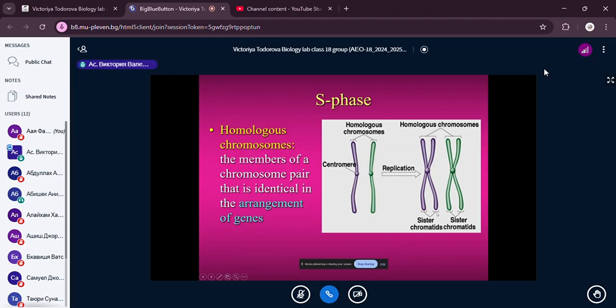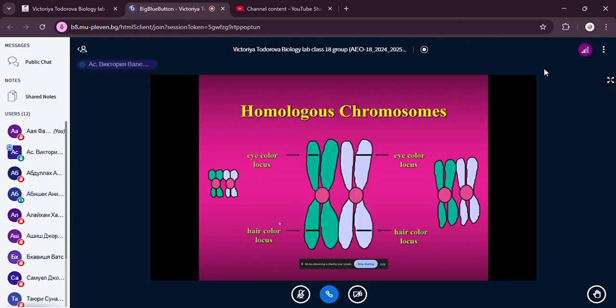Homolog means that they look similar. And yes, here the sister chromatids. Here is a very good example of how they separate in the middle and how they're connected at the centromere. Okay. Here the example is for the eye color locus.